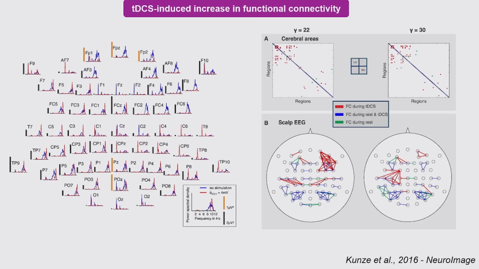What they found was an increase in the functional connectivity in the regions that were affected by the tDCS. So this is the classic cathode-anode montage, and we saw changes in connectivity.